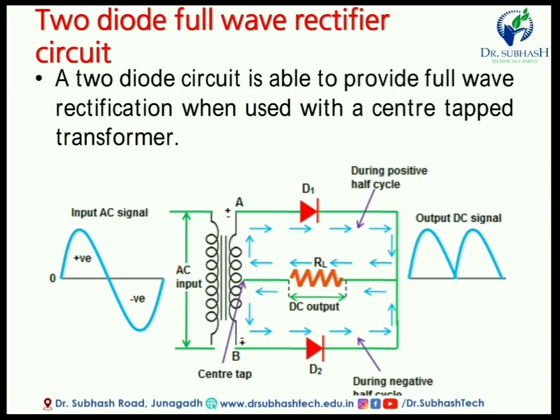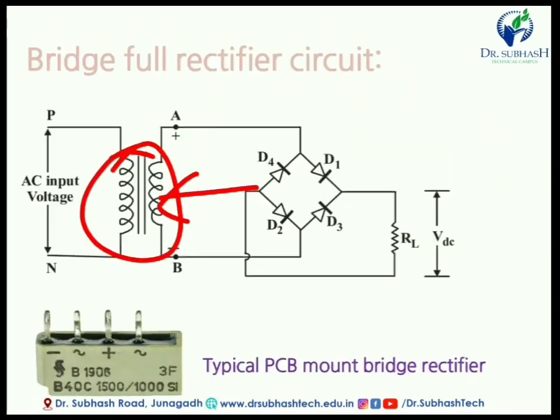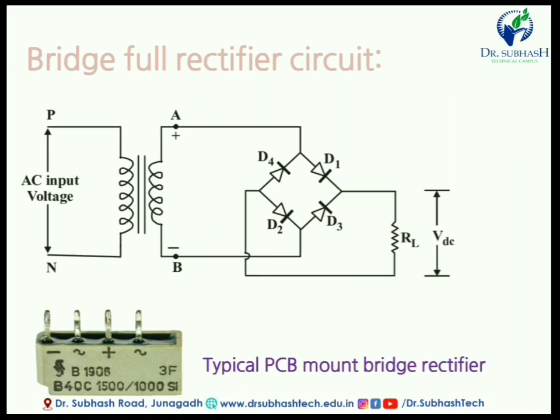Tapping is nothing but connection. The center portion of the secondary is tapped out, so it is converted into two parts, first part and second part. This is known as a center tap transformer. In a bridge rectifier there is no requirement of a center tap transformer, only a simple transformer is required.